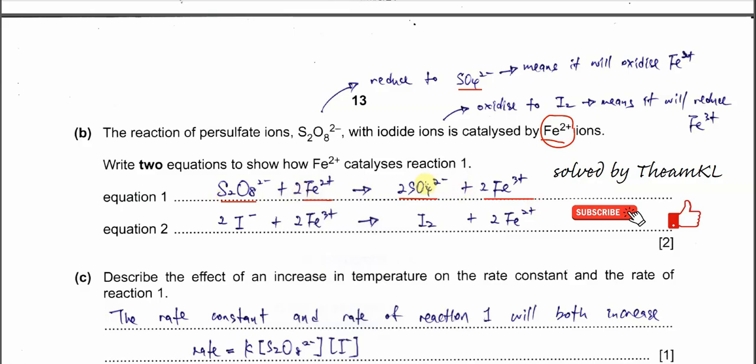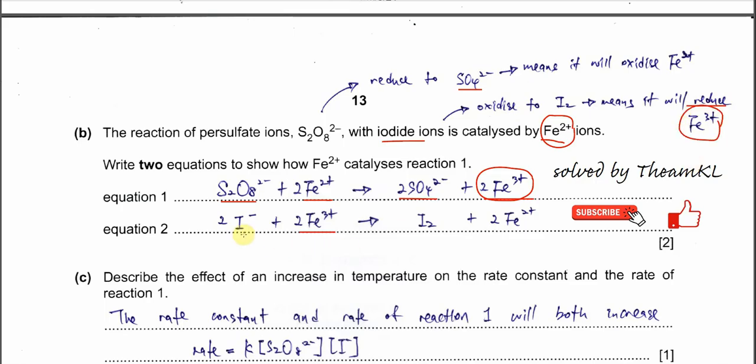After that, you bring this iron(III) to the second equation. Of course, this iron(III) now reacts with iodide. We know that iodide is being oxidised to iodine, so when it's oxidised it's going to reduce something else. In this case, it reduces the iron(III).